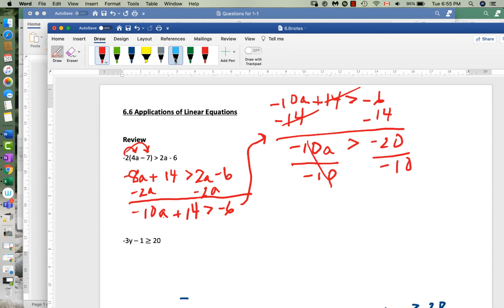And what happens to our sign? Because we're multiplying by a negative number, the sign changes direction. So it becomes a less than, and on this side is 2.